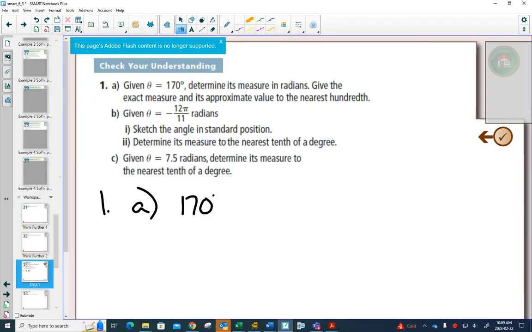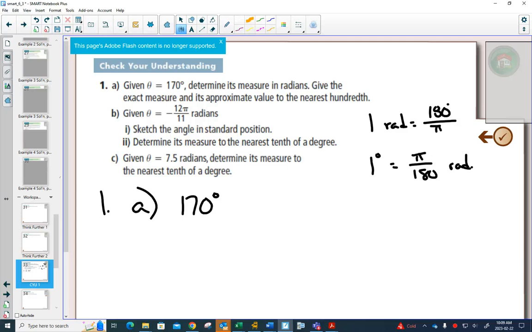And off to the side, I'm going to write out that 1 radian is 180 over pi, and 1 degree is pi over 180 radians. And you have to think about, if I want to change 170 degrees into radians, which one am I going to multiply by? Am I going to multiply by 180 over pi or pi over 180?